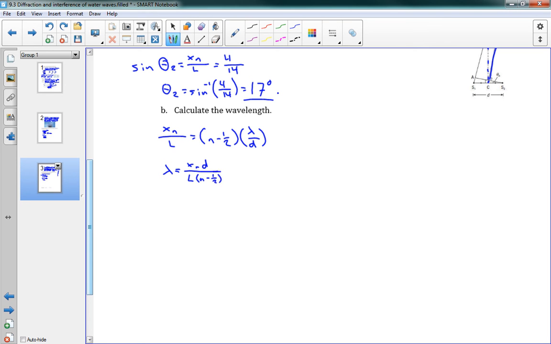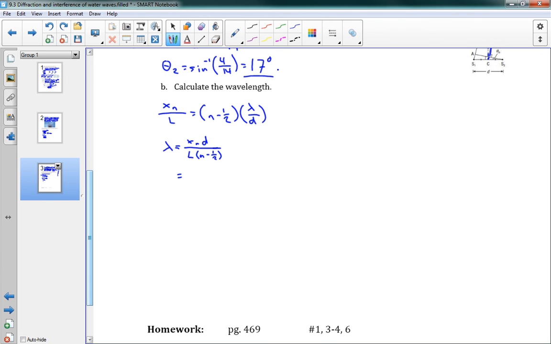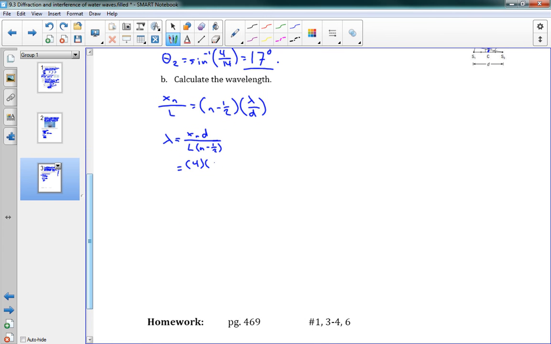I can fill in some values now. We've got xn was 4 centimeters. D, if I go up above, was 0.5. L was 14. N, we're on the second nodal line, so n is 2 minus 1 half. And here we go. We get a result of 0.095 centimeters. And that's our wavelength.